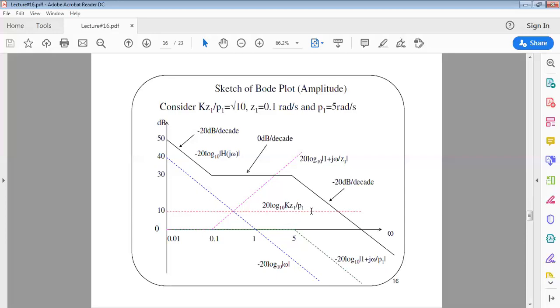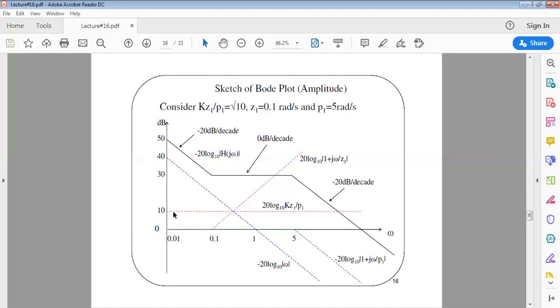So what should be the pattern of your amplitude plot? To get the amplitude plot for this, you have to start from omega equal to 0.01. Looking at this, we can see that there is a slope of negative 20 dB per decade, starts at 40 dB. But there is a constant of 10 dB.